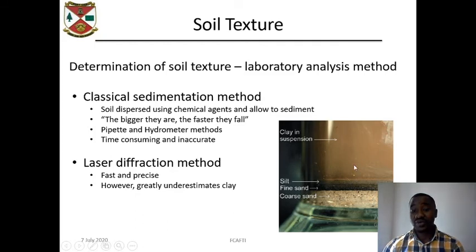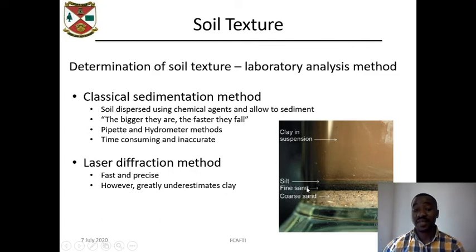For example, if we look at this diagram, this diagram shows us a cylinder. A soil sample was inserted in this cylinder. This cylinder contained a suspension, right? So the coarse sand, the large sand particles will settle first, followed by the fine sand particles, and the silt particles will follow the fine sand particles.